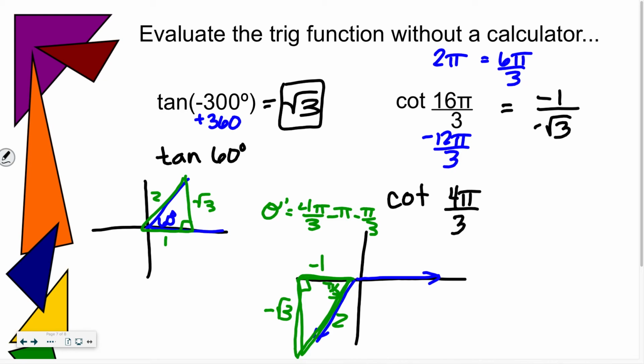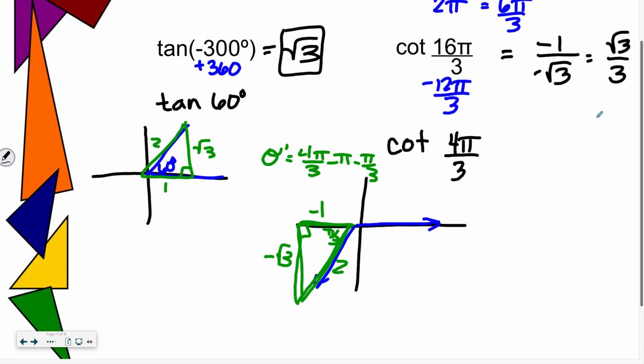Now, a negative over a negative is going to be a positive, and when you rationalize, you should get square root 3 over 3. And that is also the cotangent of 60 degrees. Tangent should be positive in quadrant 3, and it is.